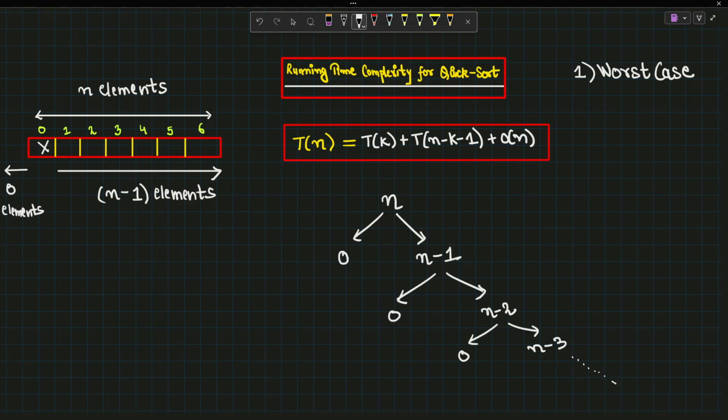So here, every time, quicksort has to work on the right side elements of the pivoted element, which is n minus 1 elements, because there is no element to work on at the left part of the pivoted element. Now, here, the value of k becomes 0 each time after applying the partition algorithm.